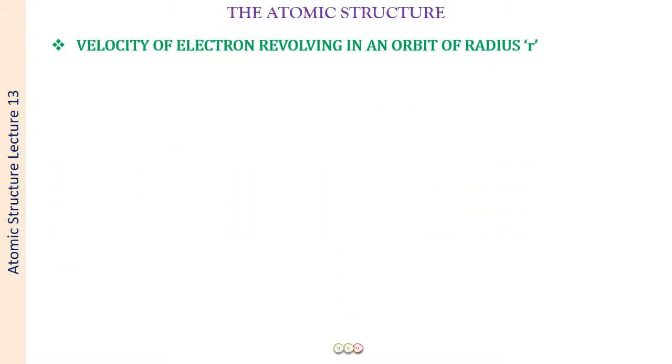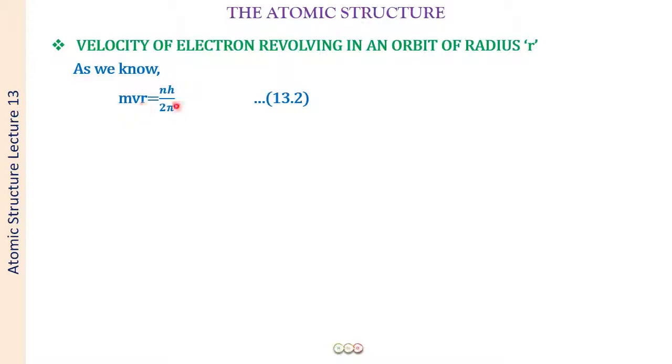Now the first expression we are going to derive is the velocity of an electron revolving in an orbit of radius r. And now you know this equation also, mvr is equal to nh over 2 pi. What is this? This is the angular momentum which Bohr said is conserved in an orbit while the electron is moving.